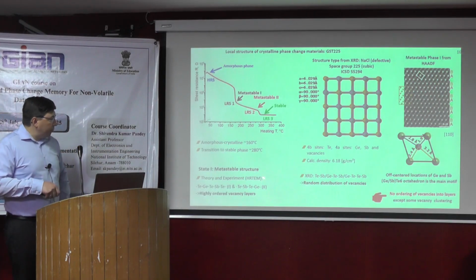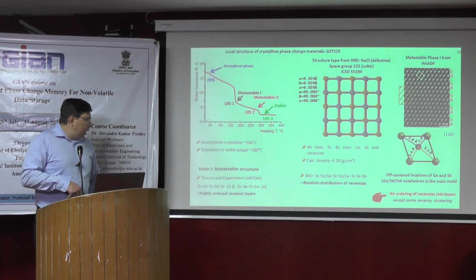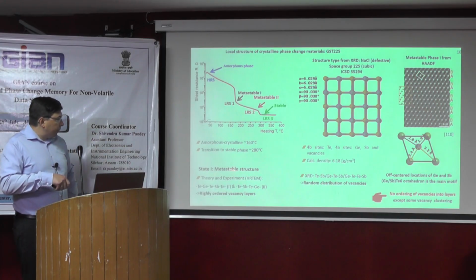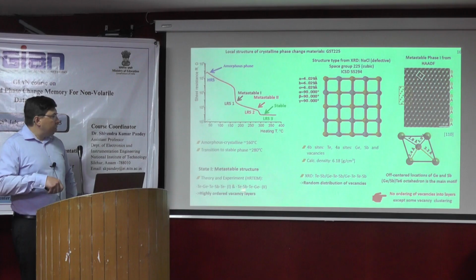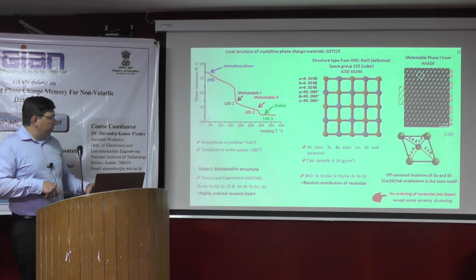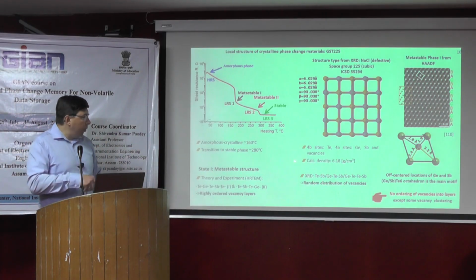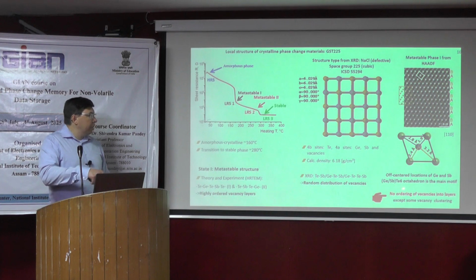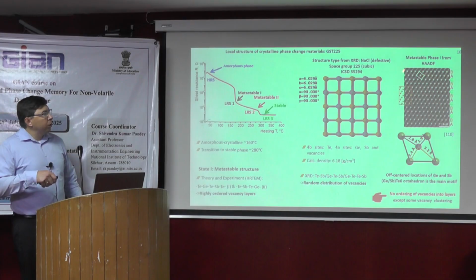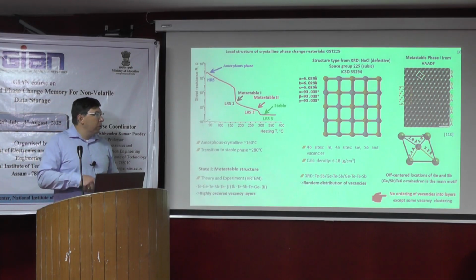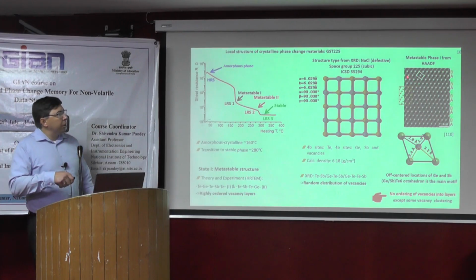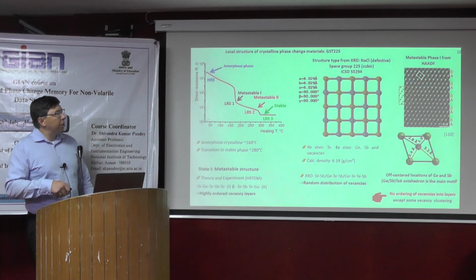Some HRTEM data as well as theory also suggested the formation of a highly ordered phase where the vacancies are ordered in layers. However, in X-ray diffraction they claimed a random distribution of vacancies. We also looked at the structure of a laser-crystallized thin film, and we found that, on average, this is also a cubic structure.